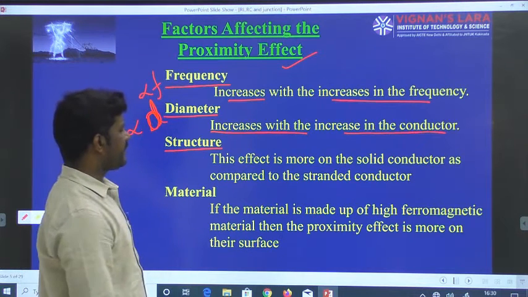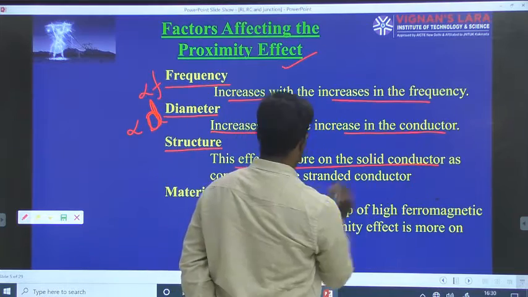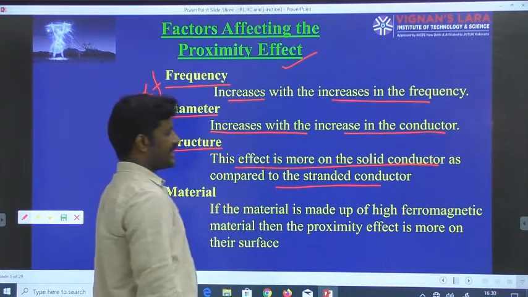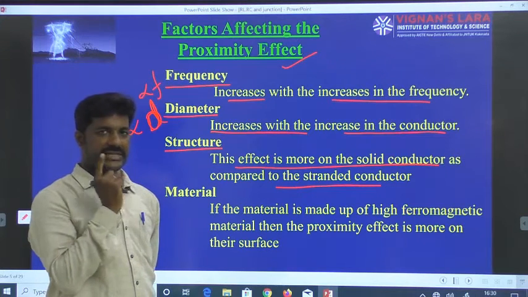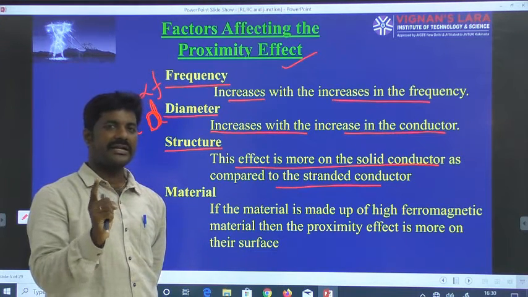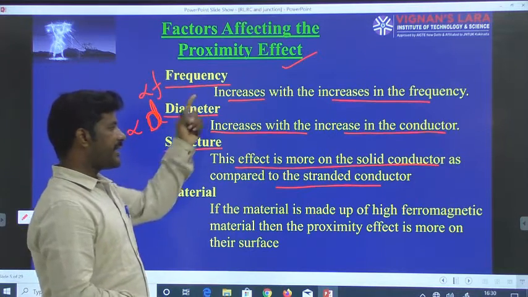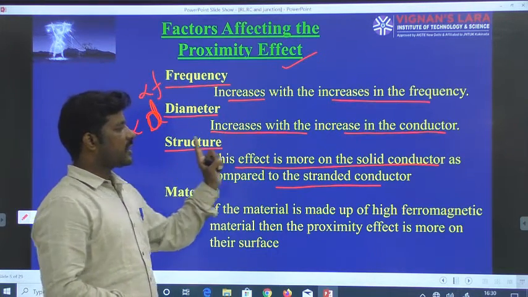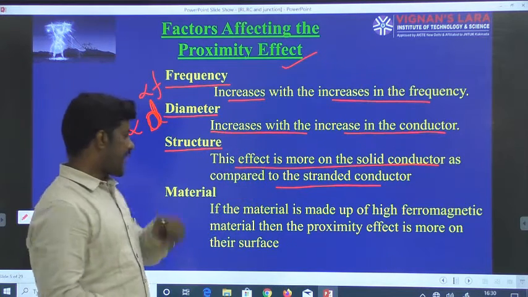The proximity effect depends upon the structure also. This effect is more on the solid conductor than the stranded conductors. So in general it is opposite to our skin effect. In skin effect we came to know that stranded conductors will have high skin effect than the solid conductor. But here in the proximity effect, the solid conductor will have more proximity effect than the stranded conductors.